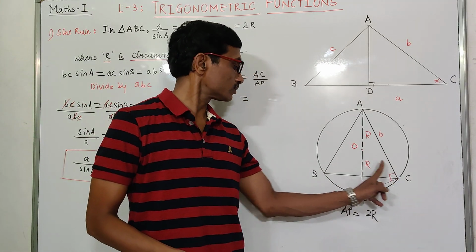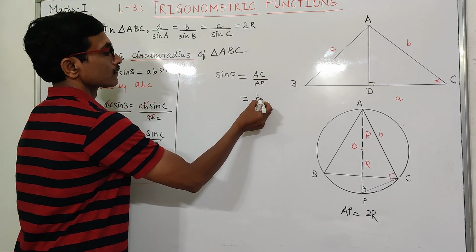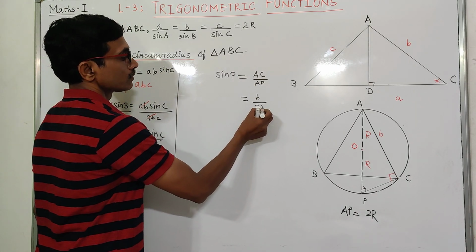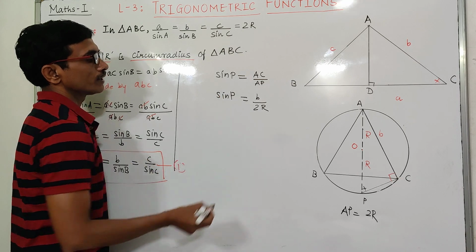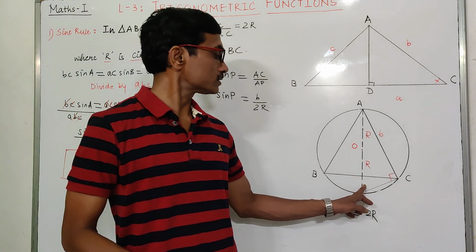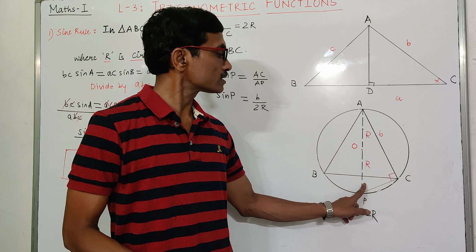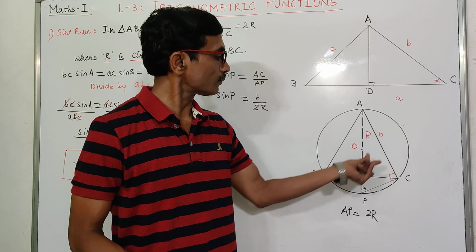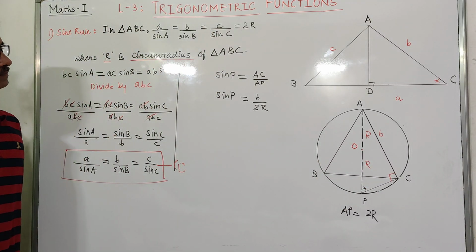It is the side opposite to angle B, so that is equal to b, and AP is equal to 2R. So we are getting sin P, which is the acute angle in the right angle triangle ACP, and the sine of this angle is opposite side upon hypotenuse, which is b upon 2R, where R is the circumradius.